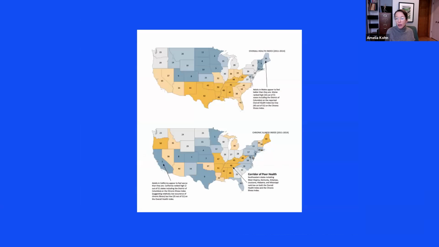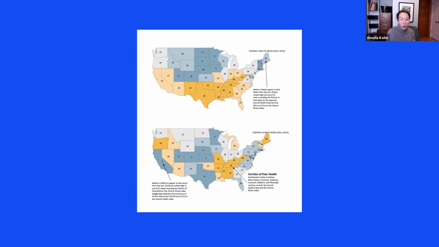These maps show that CDC chronic illness data, and it uses something called a diverging color palette to emphasize contrast. The blue shades show where there are less chronic illness issues. And the orange shades show where there are greater chronic illness issues.